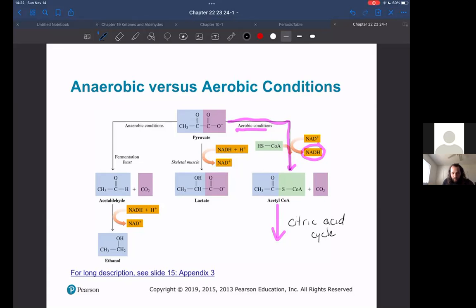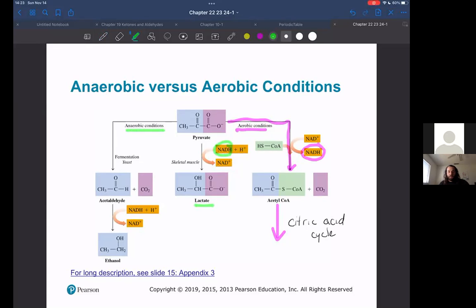If we're under anaerobic conditions, the pyruvate is converted to lactate, and that actually consumes the NADH. So that requires an input of energy.